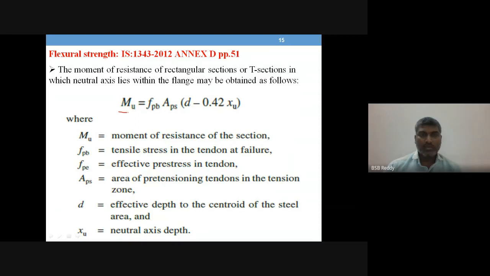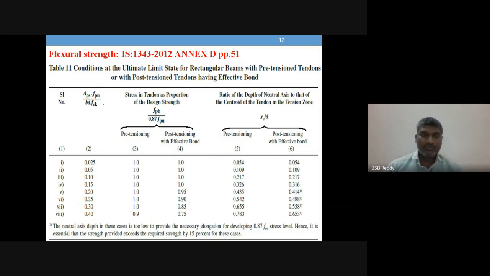Moment of resistance is equal to FPB, which is to be found from table 11, area of prestressing steel, effective depth of the section, and XU again to read from table 11, depending on the value of APS FPU divided by BD FCK.